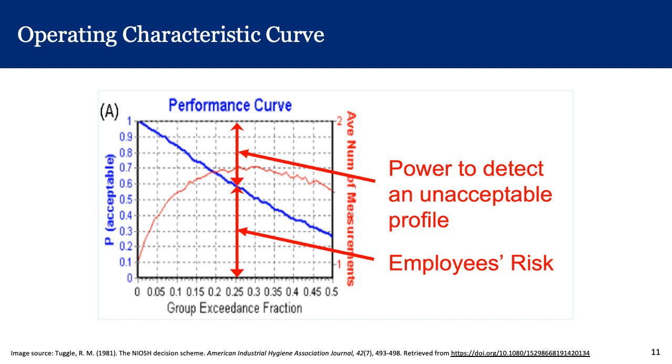And the complement of it is the vertical line from the curve to the top of the graph, which corresponds to a probability of 1. So this is the power of the strategy to detect an unacceptable exposure profile. So it's only at around 50%. We'll talk about this sort of curve a little bit more in the next few slides.